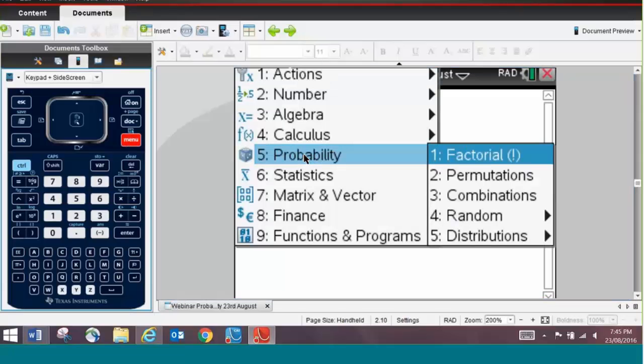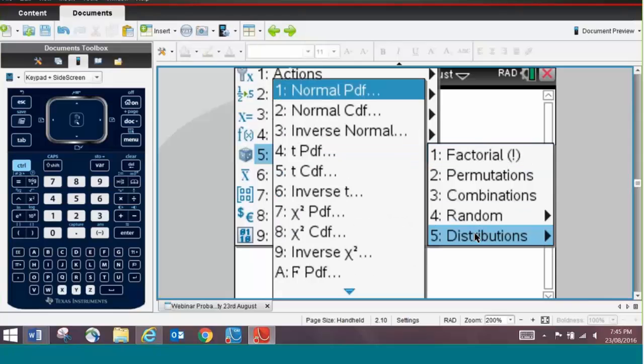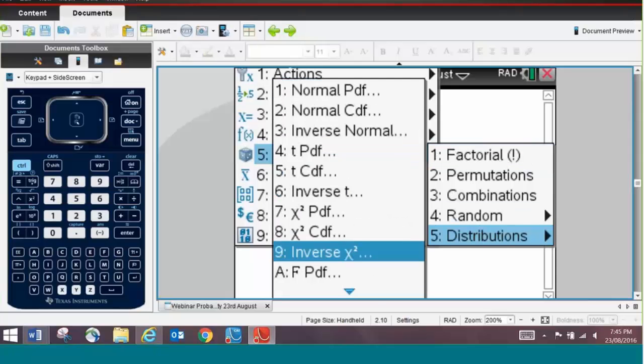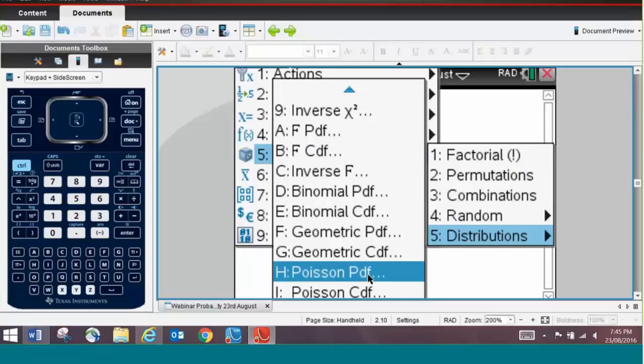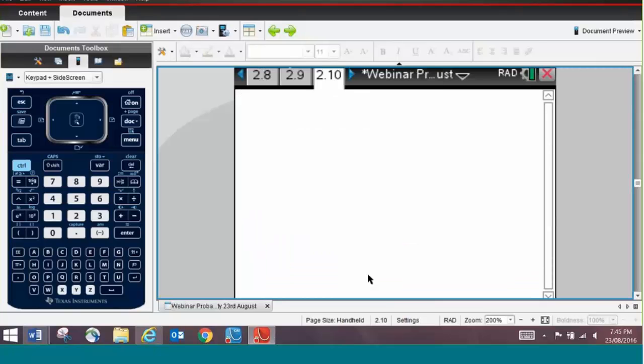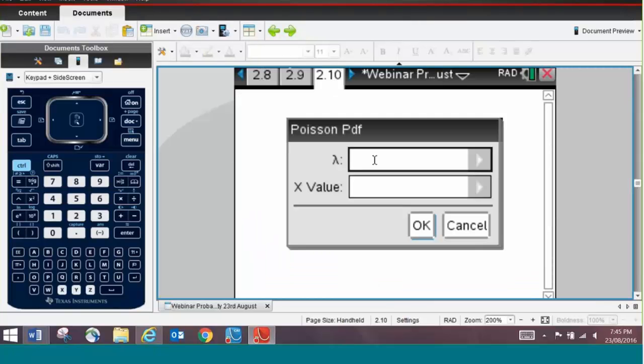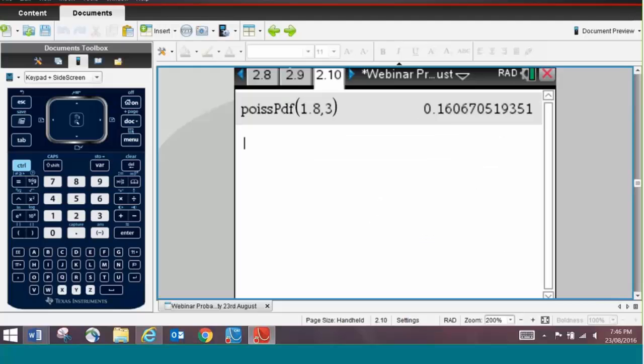So it's the probability distributions, and the Poisson is actually at the end of the road there. So we want the Poisson PDF in the first case. The rate was 1.8, and the X value that we wanted was exactly 3 phone calls, and so we get the probability of 0.161 to 3 significant figures.